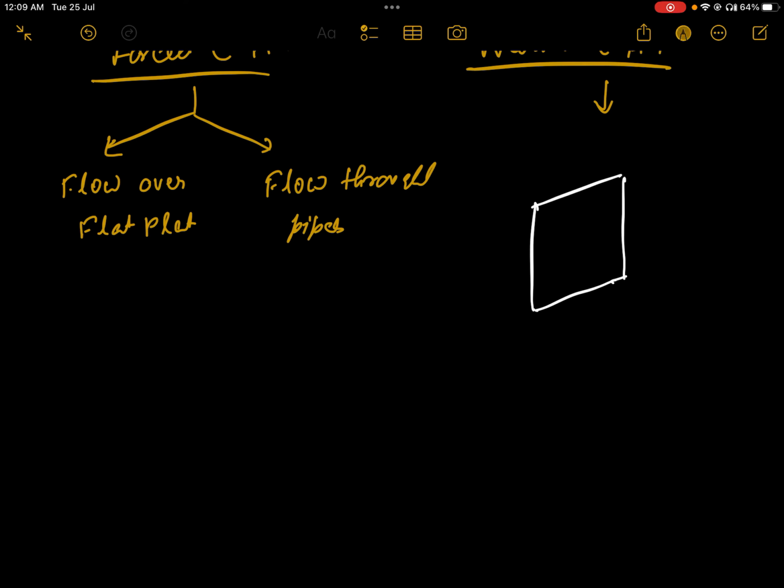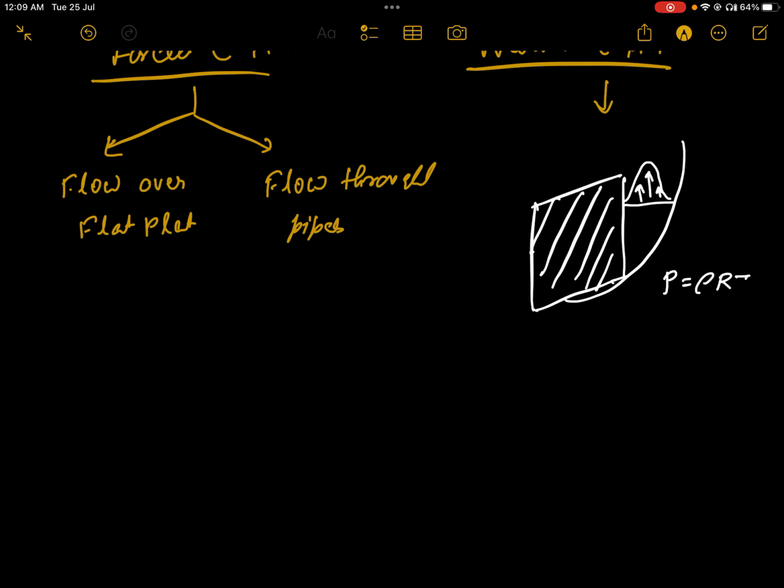Due to the natural convection, the profile will be like this. So this will be the velocity profile through this plate. Now P is equal to rho RT, or P upon rho is equal to RT. So as the temperature is increasing, density gets decreased. This is the direct relation.